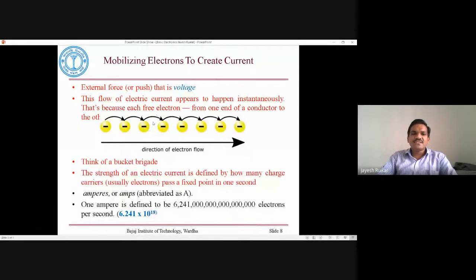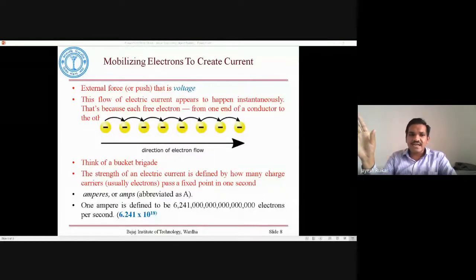So if we consider this person, he is passing the bucket of water to his neighbor on the right. At the same time, the person on the left passes a full bucket of water to this person.